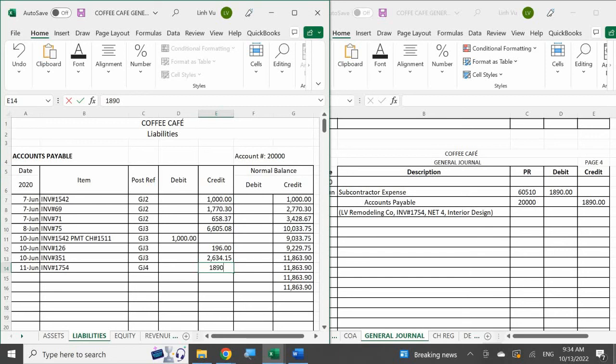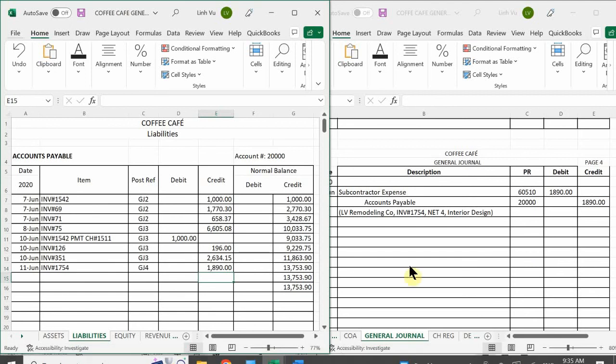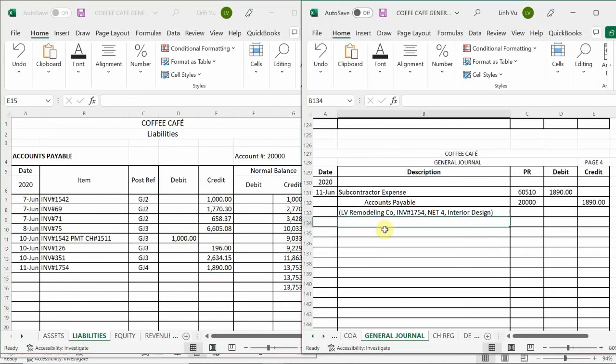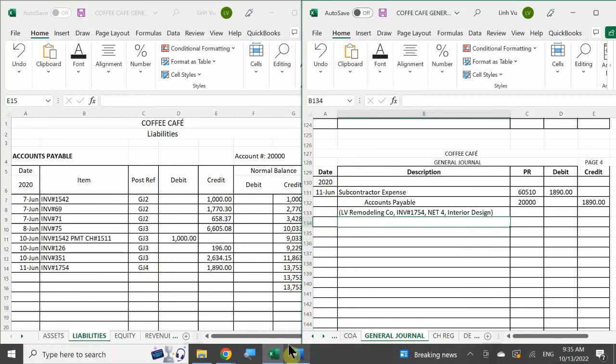How much do I owe in grand total? 13,753.90. Yes. So in this case, keep adding and adding and adding. So right now, I have $5,000 in the bank and I owe $13,000. Okay. That's a lot of money that we're owing right now. So I finished the journal. I finished the ledger. Now I owe LV Remodeling Company some money.